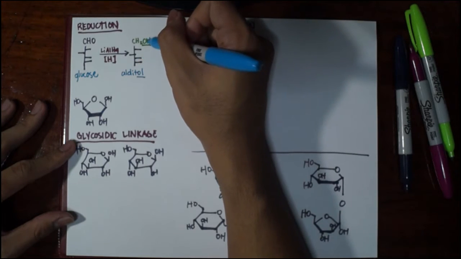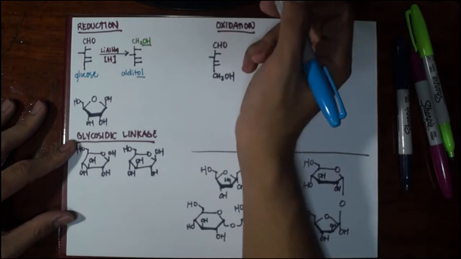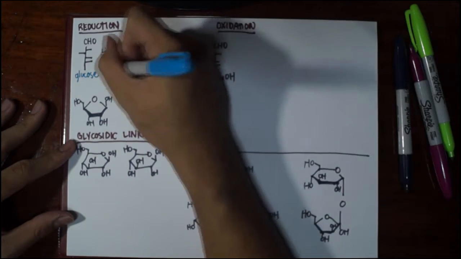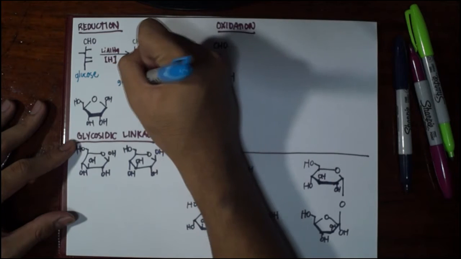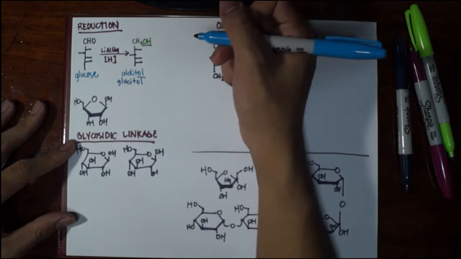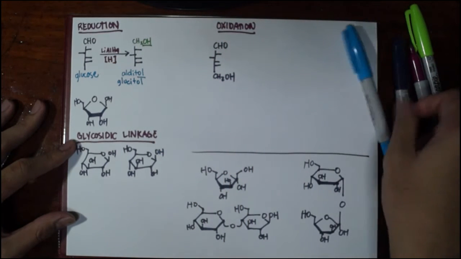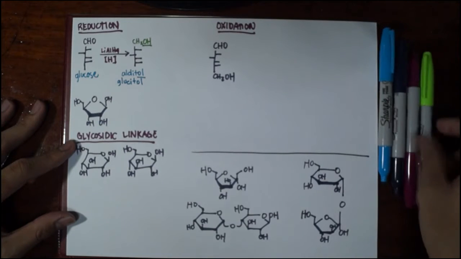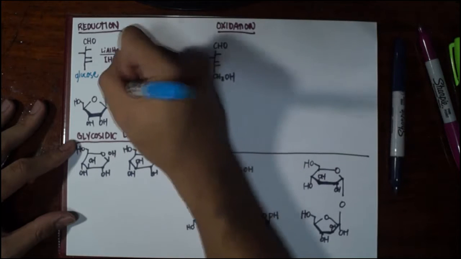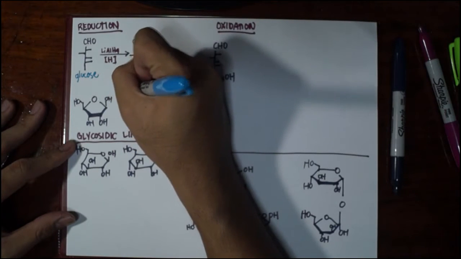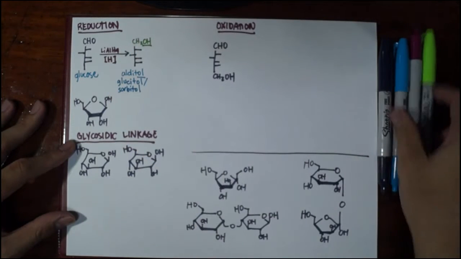In fact, here we have 1, 2, 3, 4, 5, 6 hydroxyl groups. And if it came from glucose, then specifically the name of this one is glucitol. And if you're interested, the name of that compound is also known as sorbitol.